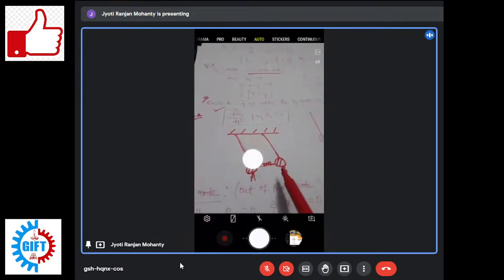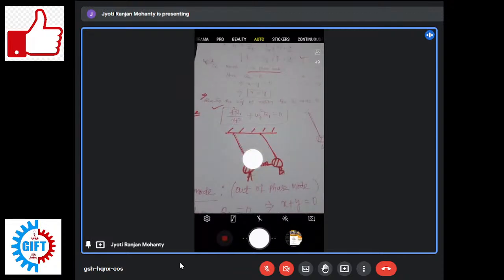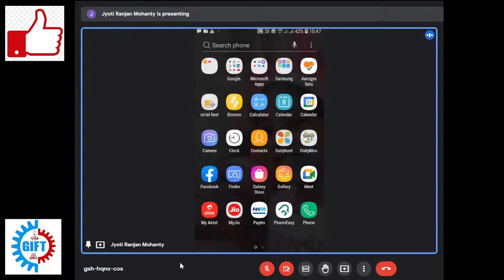Here the spring does not play any role, and the bob will oscillate as if there is no coupling. Continue, what did you write?